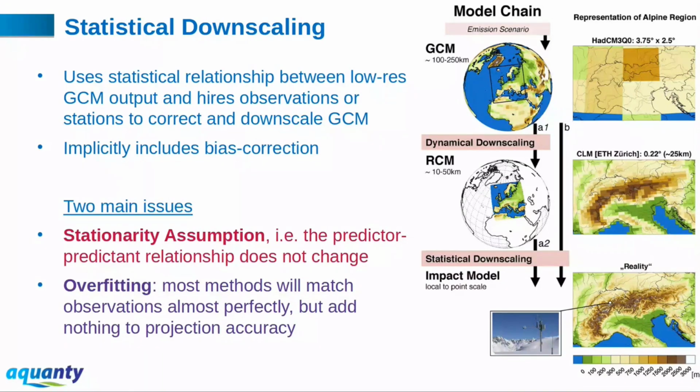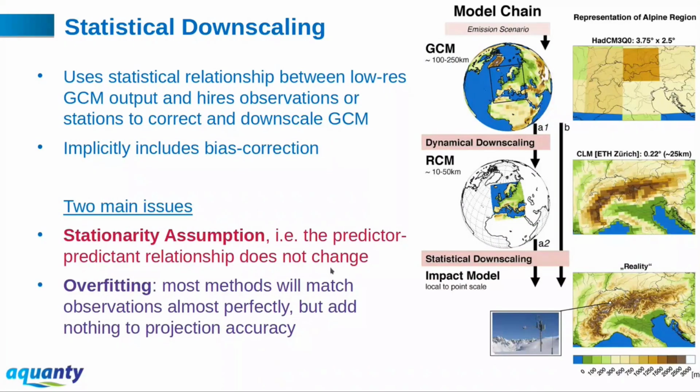So essentially a statistical relationship, right? And you're assuming that this relationship remains the same in a future climate, even though the climate may change quite drastically. So your snow seasonality may change completely, but you're still assuming that the relationship between temperature at a large scale and a small scale will stay the same, even though maybe there are different elevations, for example, right? So this is a major limitation.